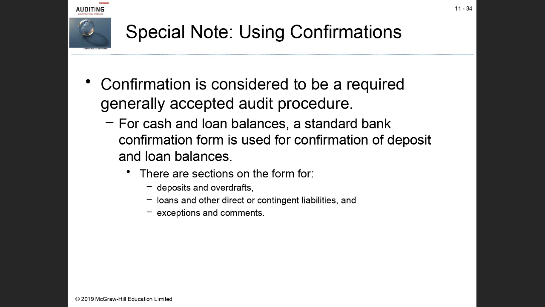So a lot of information comes back on the bank confirmation form to the audit firm. The audit firm will receive the completed form, for example on page 476, and then take that data and agree it to the client's accounting records, to make sure their records reflect the same amounts reflected in the bank confirmation.